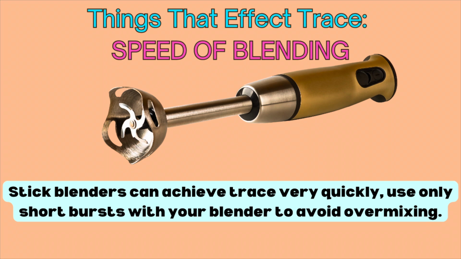And by that, I mean just using the stick blender in a few second bursts at a time than running it for too long and then having your soap batter get way too thick. And then there's nothing you can do other than to flop it in the mold as fast as possible and hope for the best. So less blending and being careful with it is really the best way to approach this when you're a new soaper.